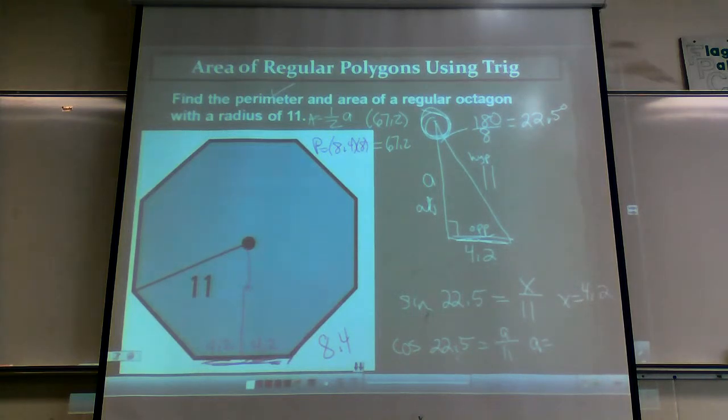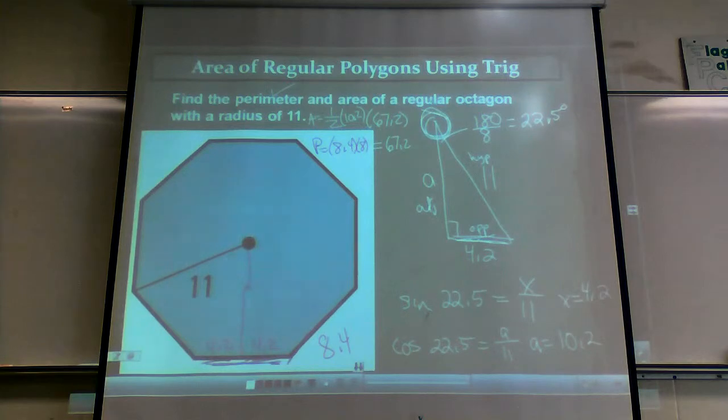So to solve for this one, cosine 22.5 equals a over 11, right? You just multiply 11 by cosine 22.5, which is 10.2. And then that'd be the whole problem, right? Because now I've got the apothem, I've already found the perimeter, you just got to take those, plug them into the area formula.